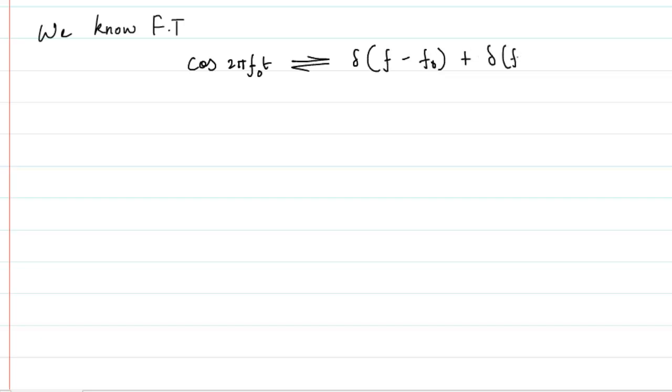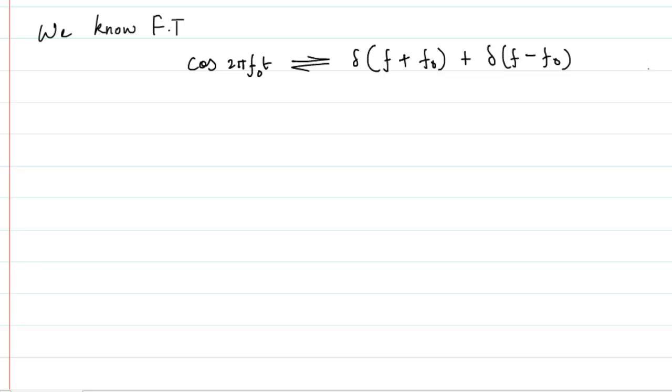We know the Fourier transform of cos 2 pi f naught t is delta f minus f naught plus delta f plus f naught.